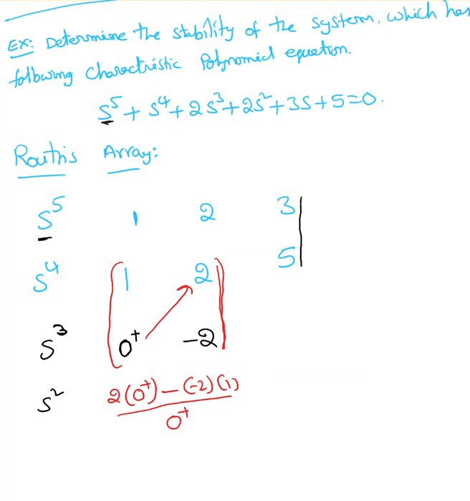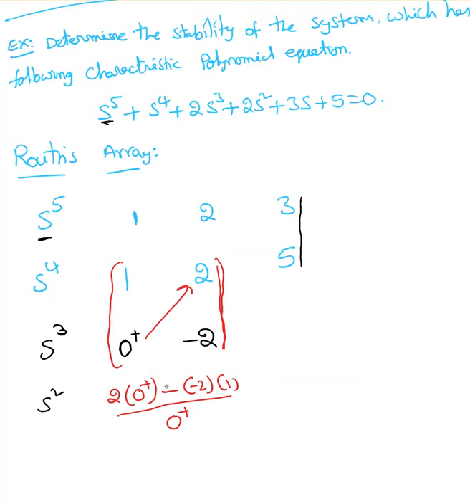Now I will talk about it in a minute. Actually, let me talk about it. This is 2 times 0.00, a very small number, minus of minus 2, right? So this will be a very small number plus 2, so we'll end up with 2 plus 0.000002, something like that.